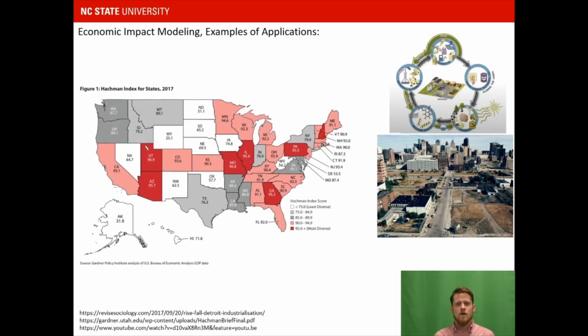Okay, so now I really want to highlight the importance of economic diversity. When you're making a strategy about growing your region's economy, you really want to prioritize diversity, because diversity is what makes an economy robust. Here I've got a picture of the Midwest, and we can think about the auto industry in the Midwest, right?